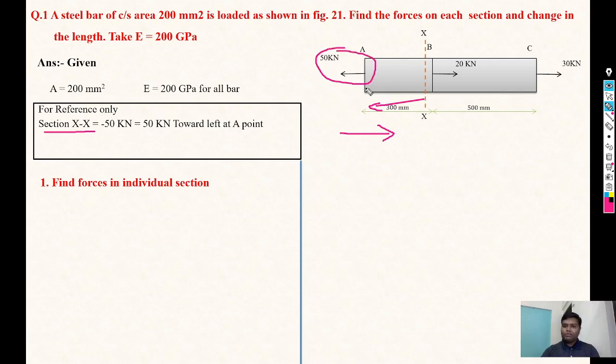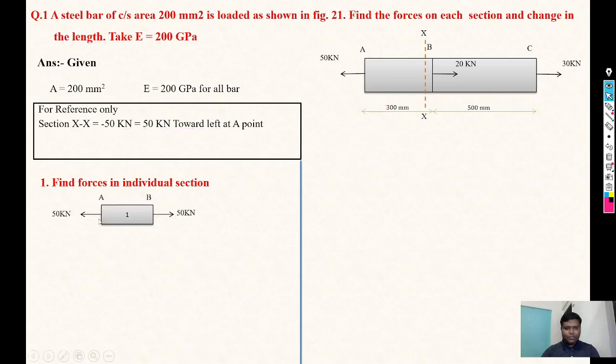And now we have considered the sign convention. In the calculation of total force in a subsection, if the force is going left side, consider it as negative, so it's minus 50 kilonewton. Okay, so 50 kilonewton towards left at point A. So the first subsection has 50 kilonewton force at point A towards left.